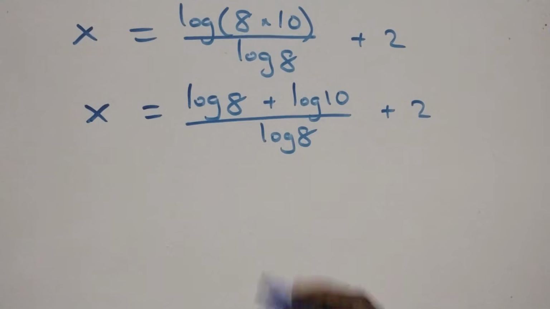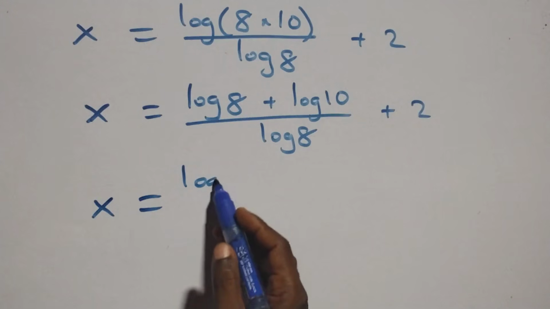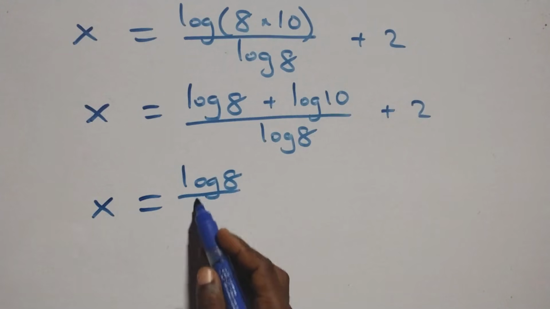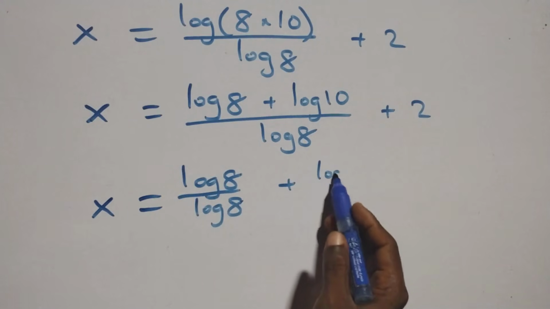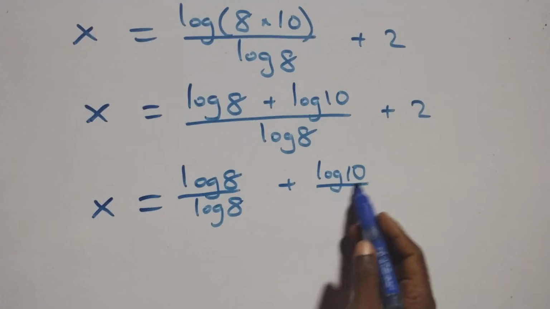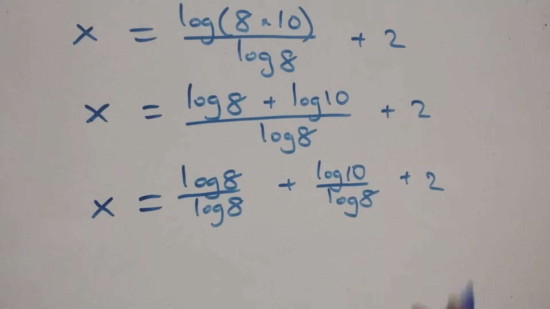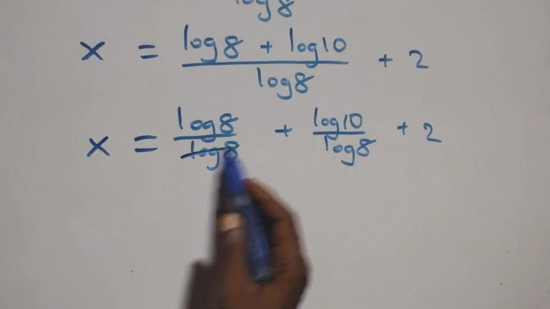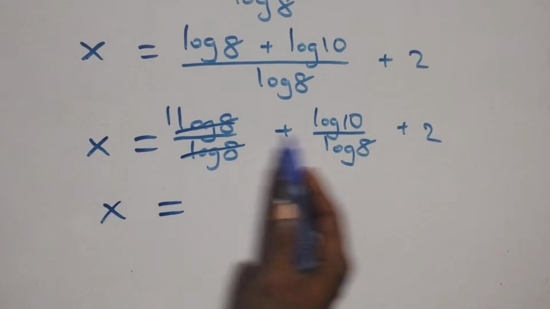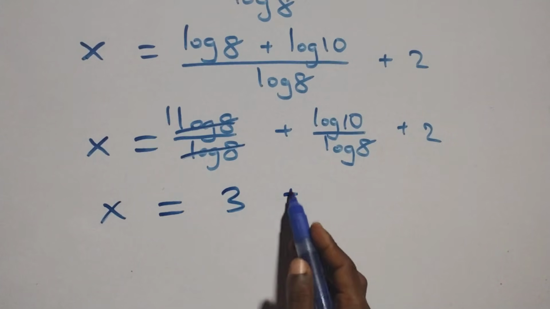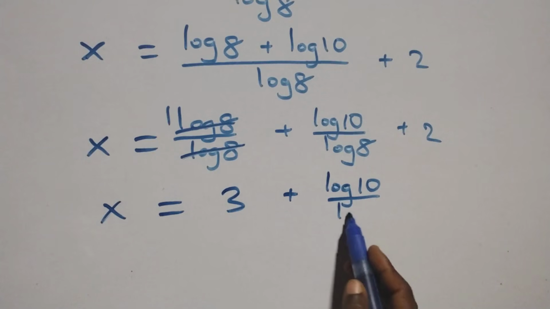Then we separate these into two fractions and we have x equals log 8 over log 8 plus log 10 over log 8 plus 2. Log 8 cancels each other, we have 1 left, which implies x equals 1 plus 2, that's 3, plus log 10 over log 8.